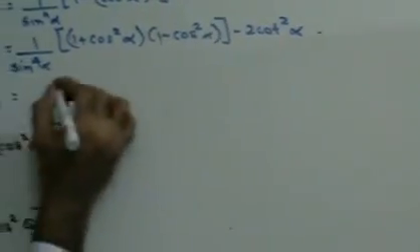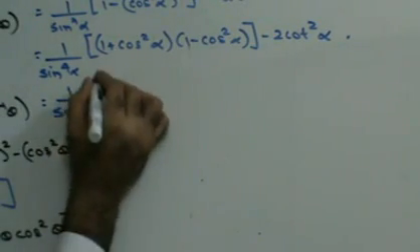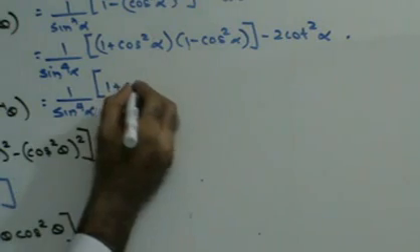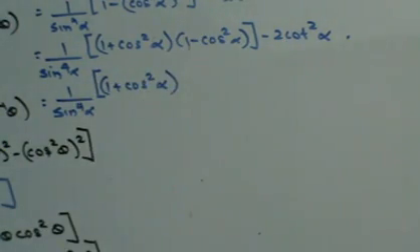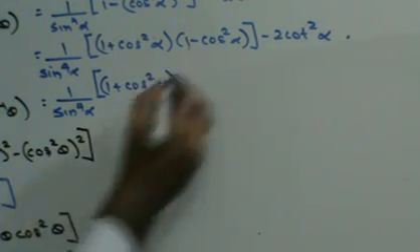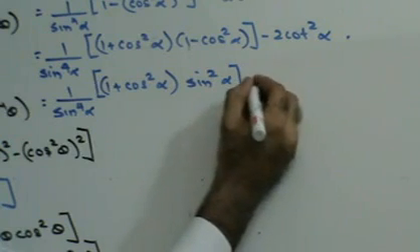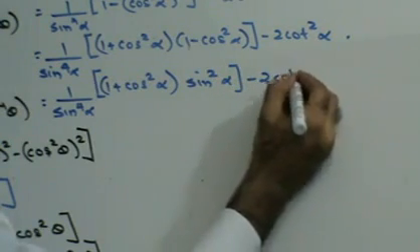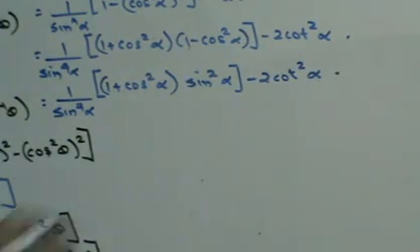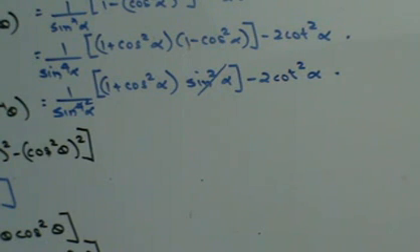This is nothing but 1 upon sin^4 alpha into (1 plus cos^2 alpha). 1 minus cos^2 alpha is nothing but sin^2 alpha, minus 2 cot^2 alpha. Sin^2 alpha and sin^4 alpha get cancelled to give you sin^2 alpha in the denominator.